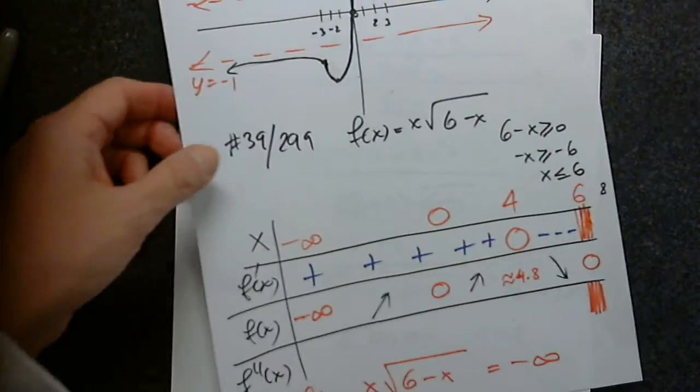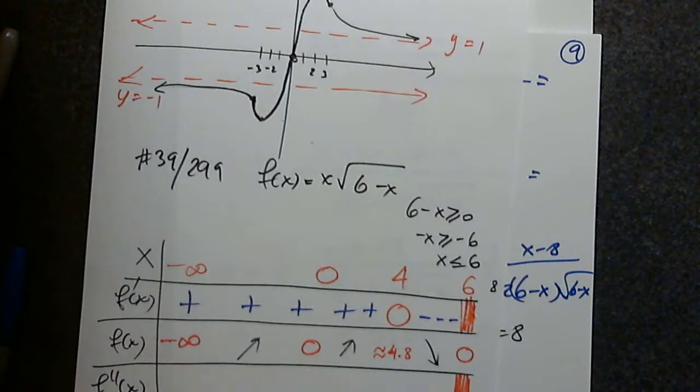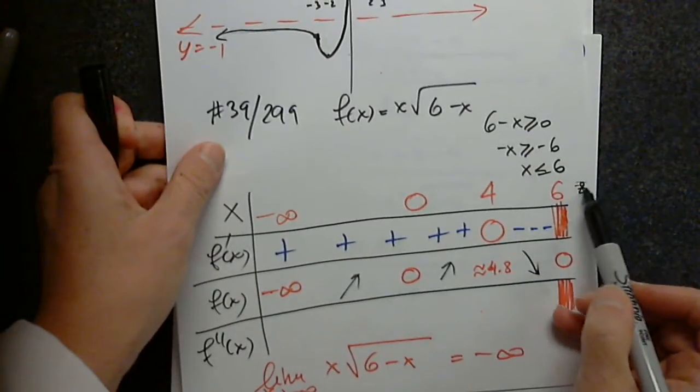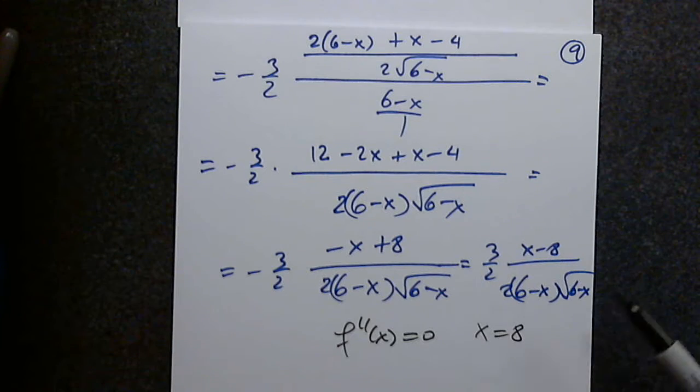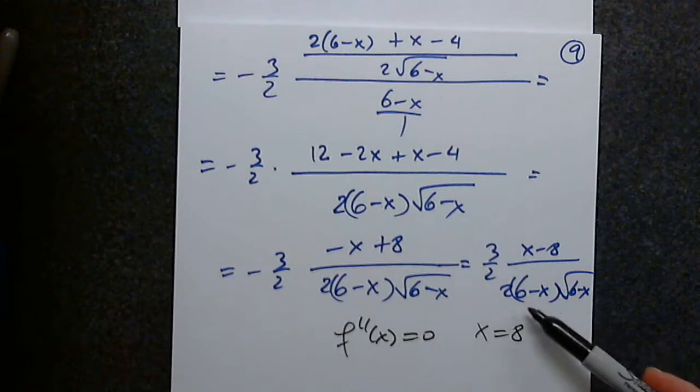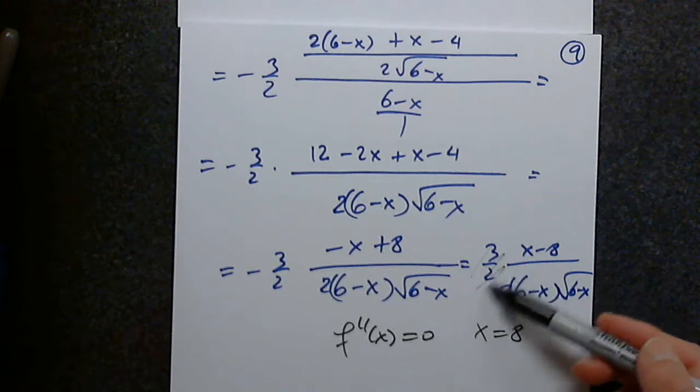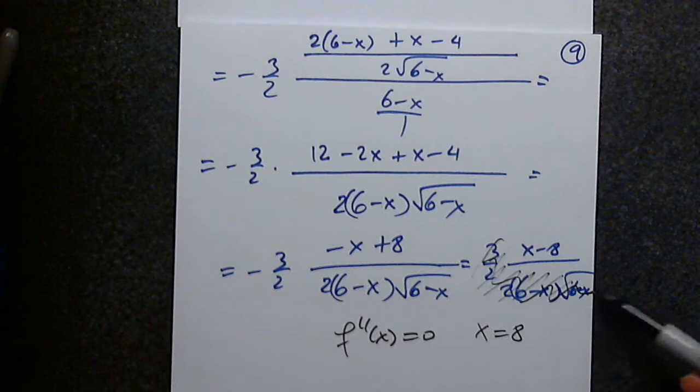So then I need to find the sign. I refuse to plug in anything in here, besides 6 minus x, we already said that from the beginning. Why? Because we already set the 6 minus x to be greater than 0, and the square root is positive, and 3/2 and 2, I don't care about those. So I only need the sign of that.